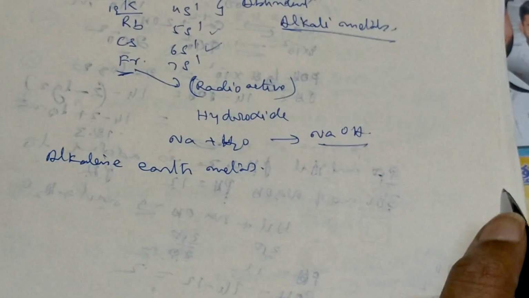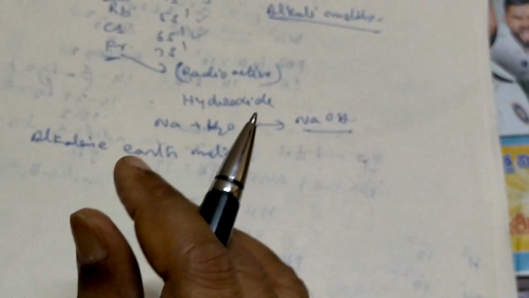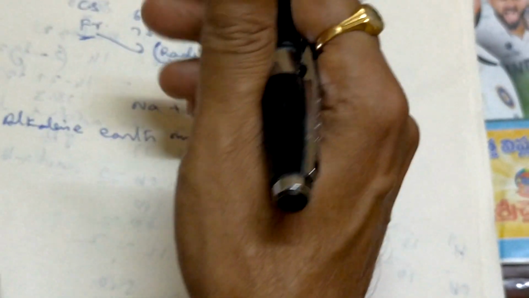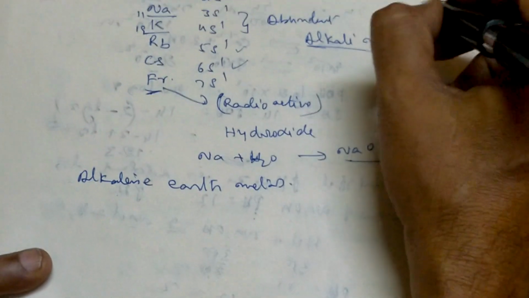And the other side, what do you call alkaline earth metals?